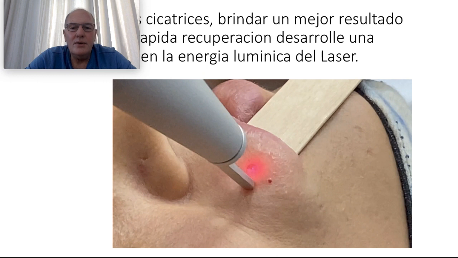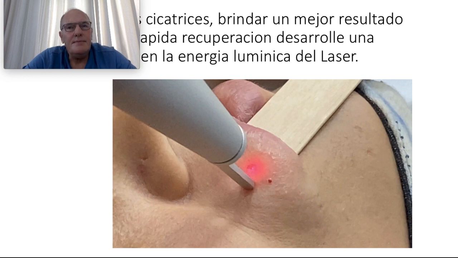Then, in order to avoid this kind of scar and help the young patient who suffers not only from an aesthetic depression in the face, this patient also suffers because all the time they are blaming themselves for making a wrong decision. And if you leave a scar, the whole life they are blaming themselves for this bad decision.